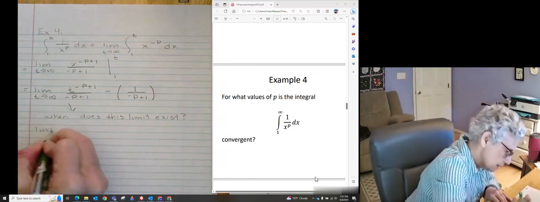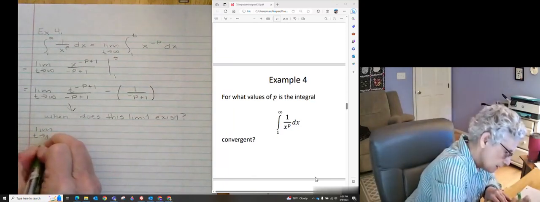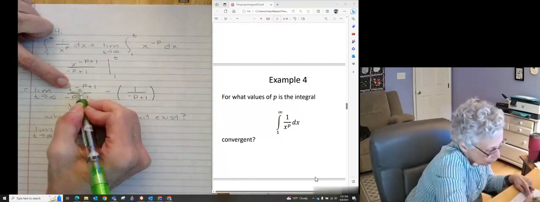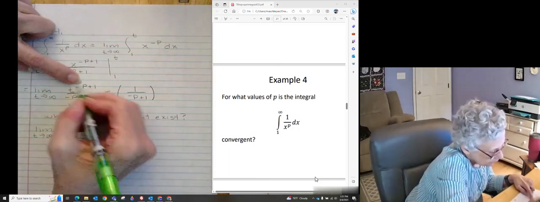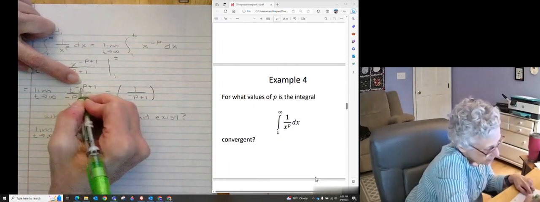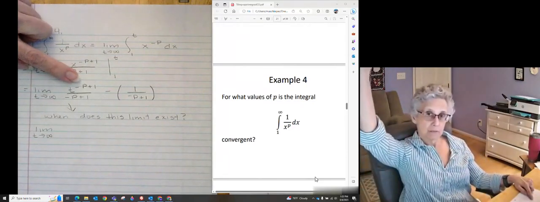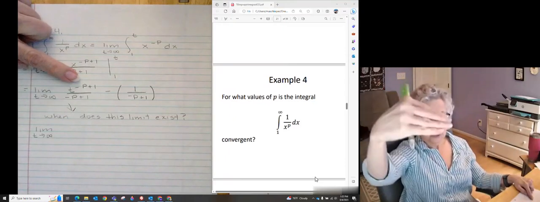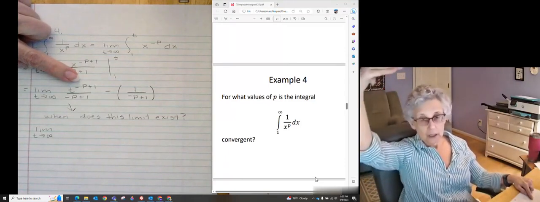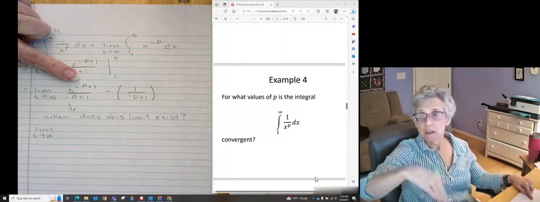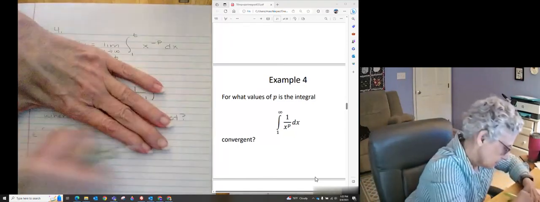Remember, this is the limit as t approaches infinity, and as long as we have t to the negative p plus 1 living above the fraction bar, it's going to go to infinity. If t is below the fraction bar, then it's going to go to 0. So let's write that down.